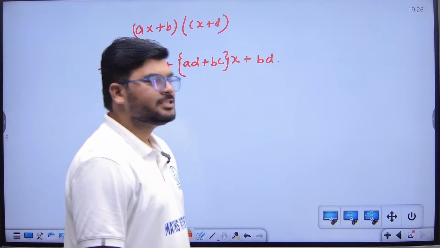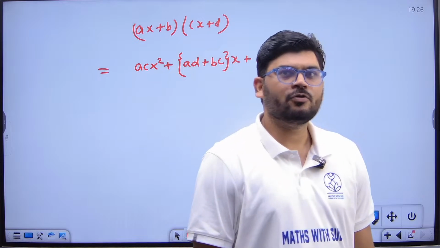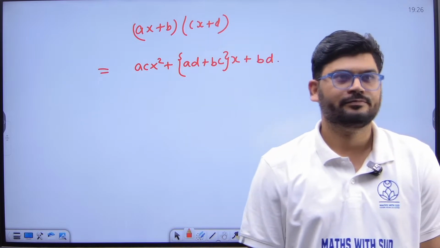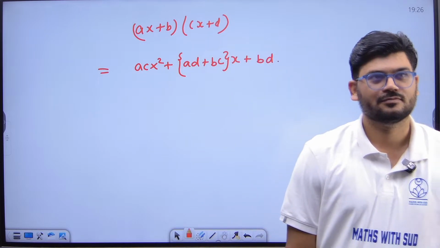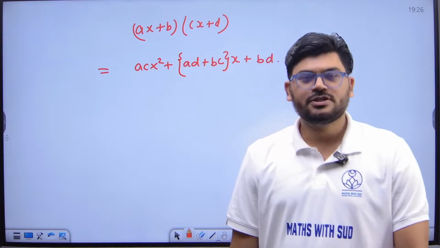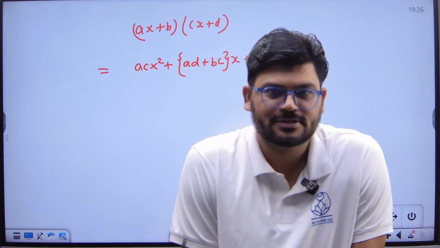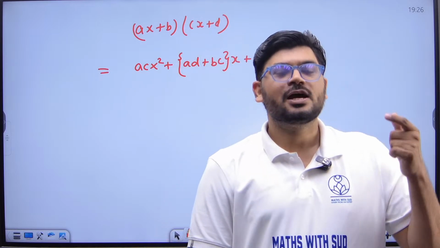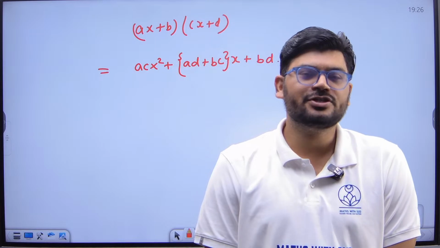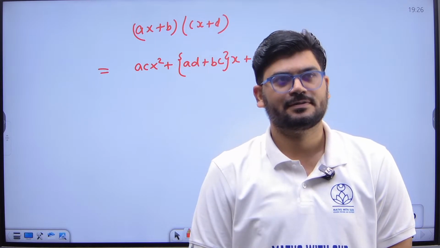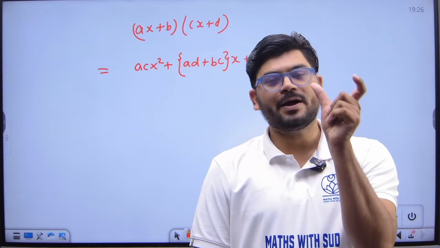Now you know what the zeros of a polynomial are. Have I told you what the zeros of a polynomial are? Yes, sir, but I think I forgot. So zeros are the values of x at which the graph of the function will touch the x-axis. That means the y part is 0.